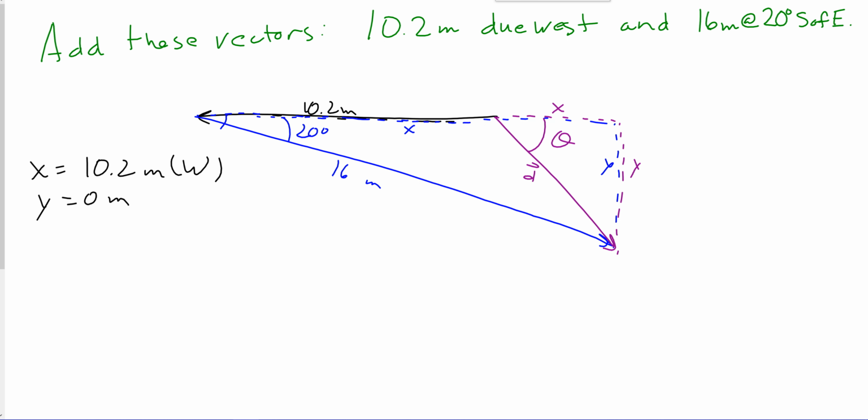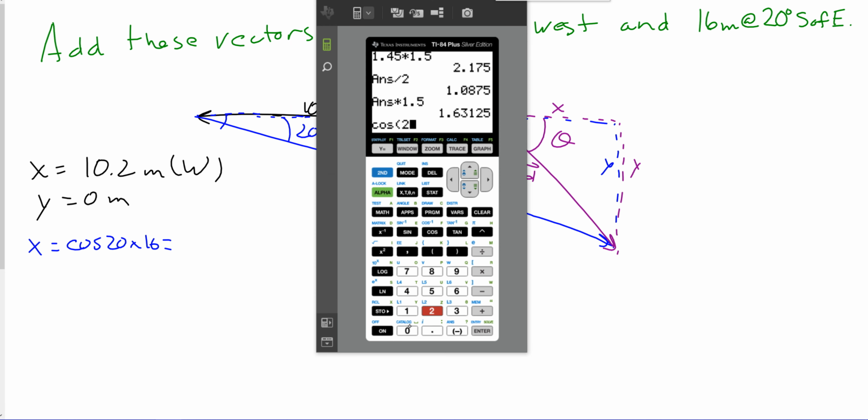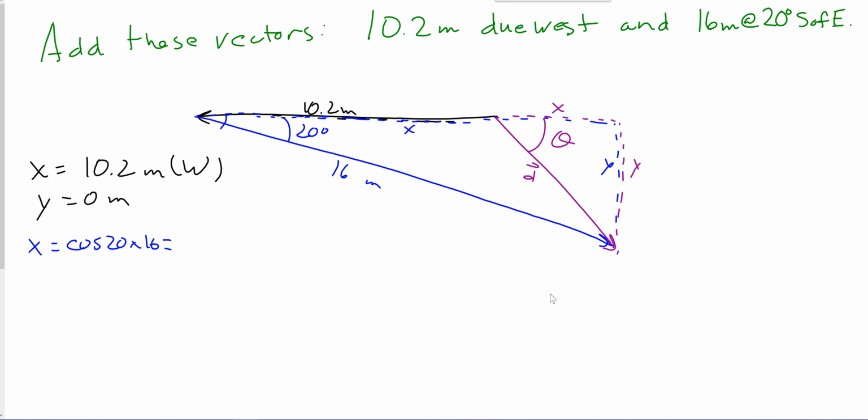For our blue triangle, the X component is going to be the cos of 20 times 16, which is 15.04 meters, and that is east, okay?